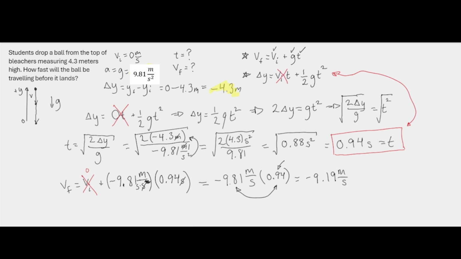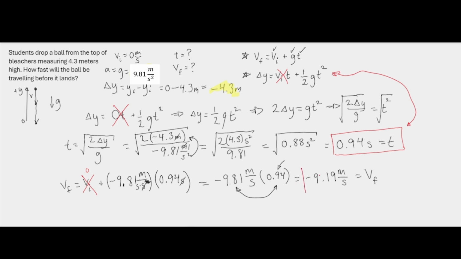I used the value prior to rounding to 0.94. So I got negative 9.19 meters per second. And this is the final velocity of the ball having dropped it from the top of the bleachers.